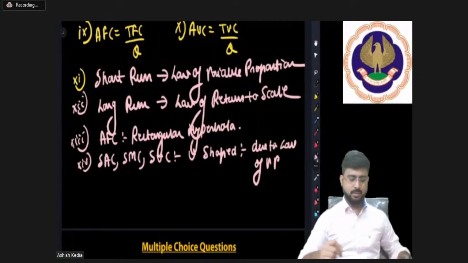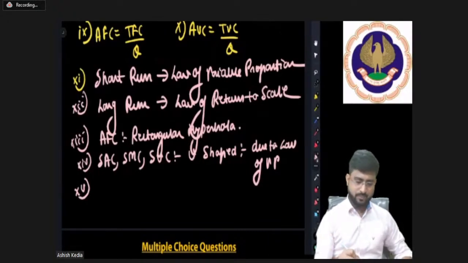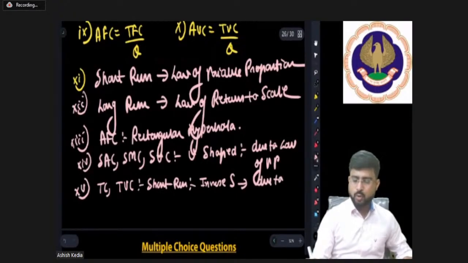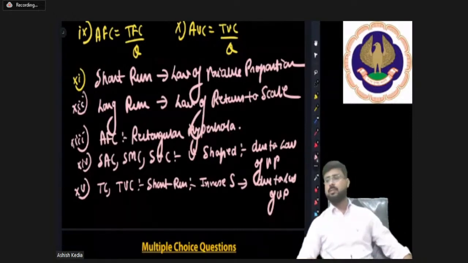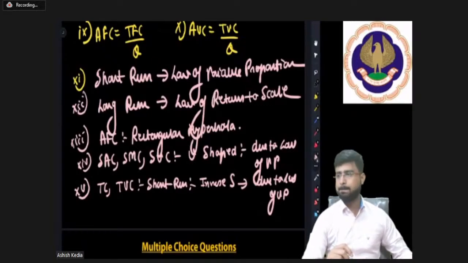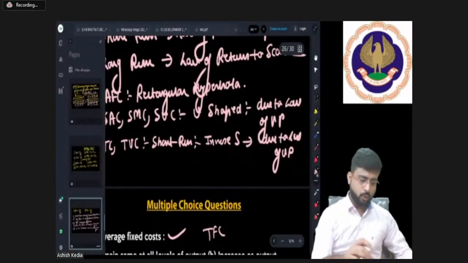Number 15: total cost and total variable cost in the short run are inverse S-shaped, again due to the law of variable proportion.